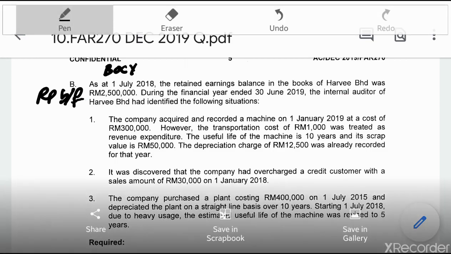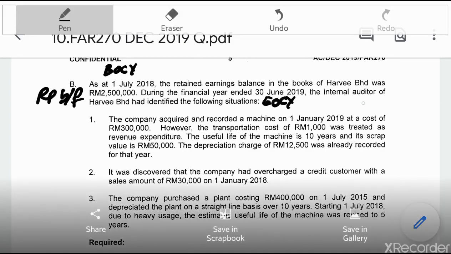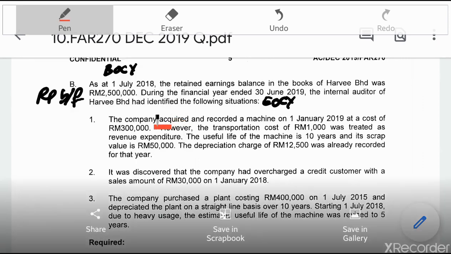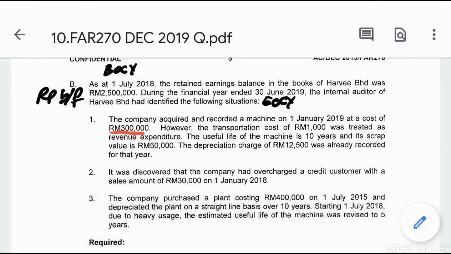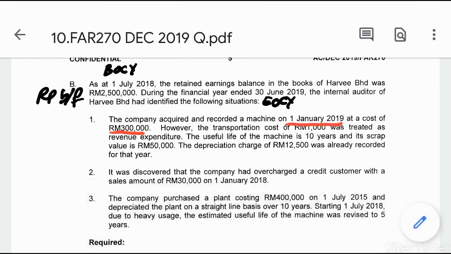During the financial year ended 30th June 2019, so this is the end of the current year, the internal auditor of Harvey Berhad identified the following situation. Number one, the company had acquired and recorded a machine on 1st January 2019 at a cost of 300,000. So there was a machine being purchased, right? And you have recorded it correctly, 300,000. However, that was on 1st of January. This is an important date.